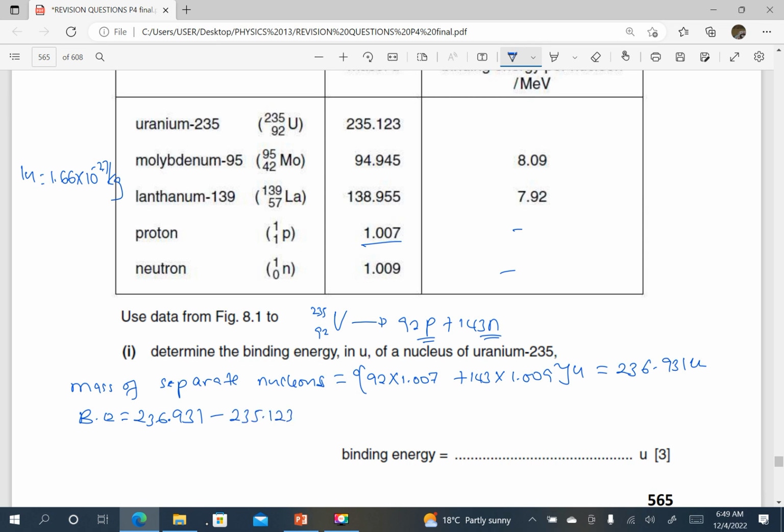The mass difference in unified atomic mass units is the binding energy. From my calculator, I'm getting 1.808 in unified atomic mass units. Since they want the answer in U, I'll just leave it as 1.808 U.